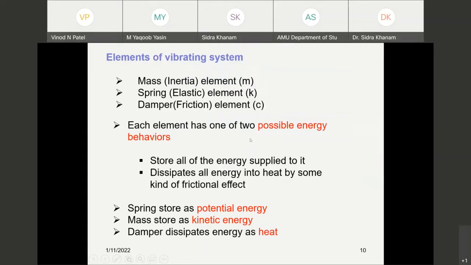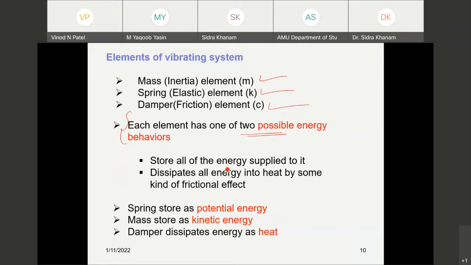For any vibrating system, the main components are the mass of the system, a spring element, and the damping available in the system. These components have different energy behavior.